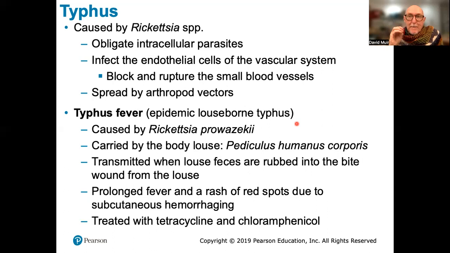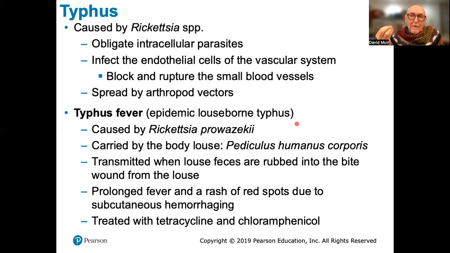It is transmitted by the body louse, and body lice proliferate in conditions of very poor hygiene and of crowding, and in particular, where people have no access to water, to any form of hygienic upkeep.